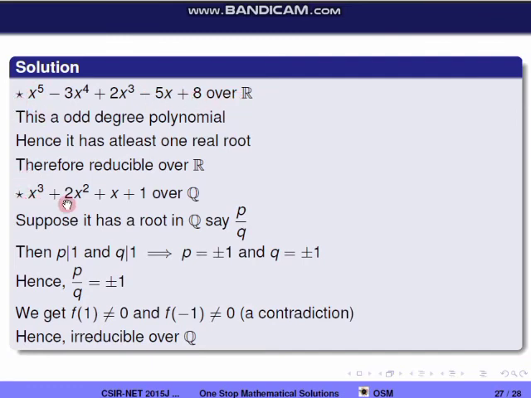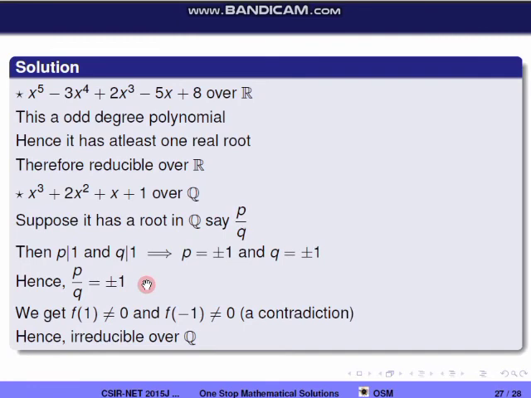x cube plus 2x square plus x plus 1 over Q. Suppose this polynomial has a root in Q, say it to be p by q. Then p should divide 1 and q should divide 1. So p is equal to plus or minus 1 and q is equal to plus or minus 1. Therefore, p by q is equal to plus or minus 1.